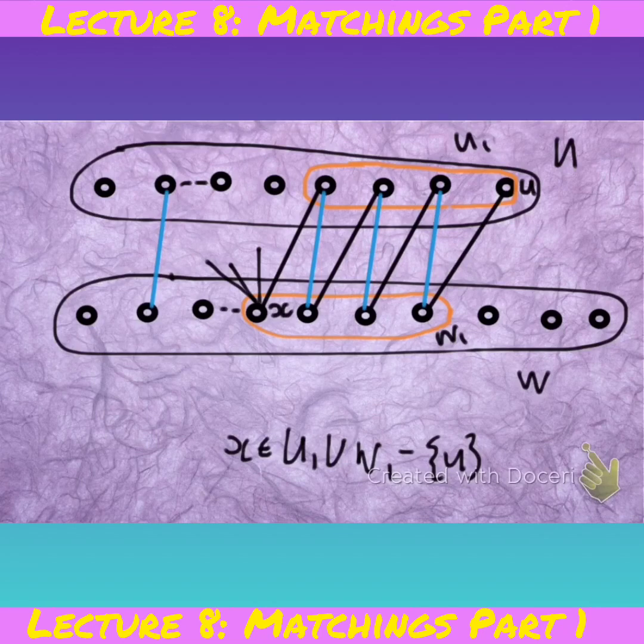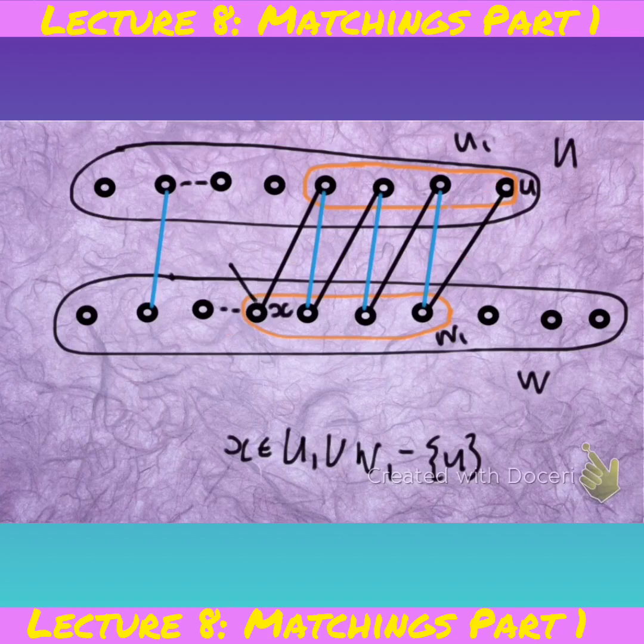And here in this case, the end vertices are going to be M unmatched, because that vertex is not incident with the blue edge, and that vertex is also not incident with the blue edge. So that can't happen, right?